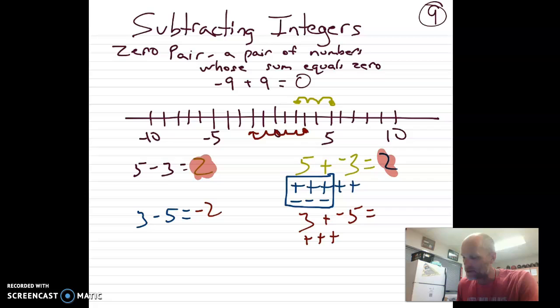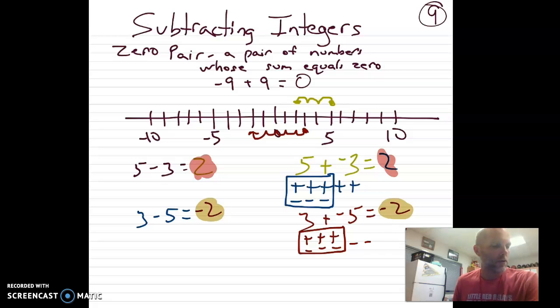How many negatives? 1, 2, 3, 4, 5 of them. We have a zero pair right there. 3 positives, 3 negatives is a zero pair. What do we have left over? Negative 2. So what do you notice about these two answers, even though the problems are different? Maybe you're noticing.